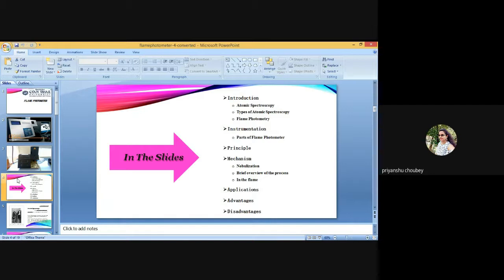The second one is the double beam type. In the double beam type instrument, a second light path is provided for the radiation emitted by the internal standard element, for example lithium, that is added in a fixed amount to each test solution as well as the calibration standard.